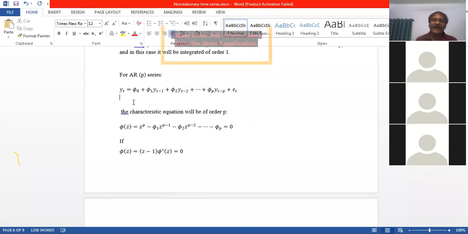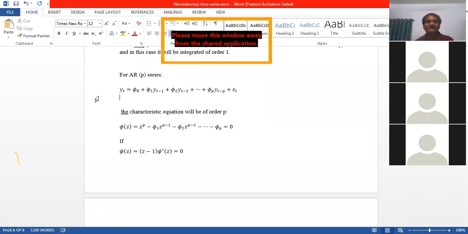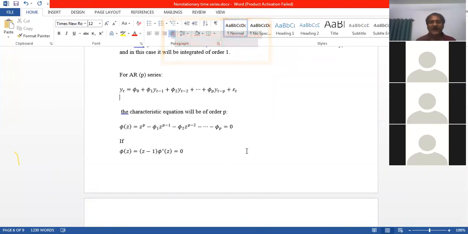So in the case of ARP, the expression multiplying YT, you have the expression within the bracket, and it is a polynomial of order P, because it starts with 1 minus phi 1 L minus phi 2 L squared minus up to phi P L to the power P. Set this expression equal to 0.